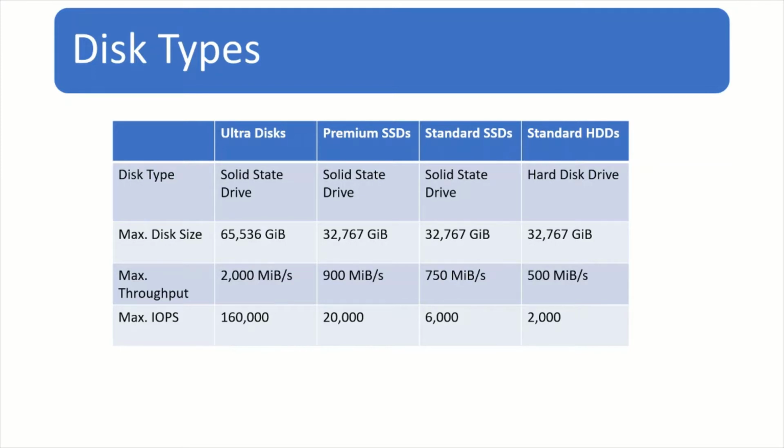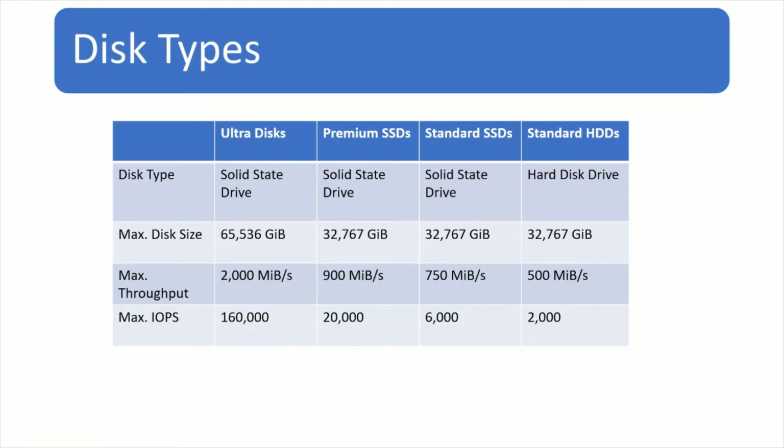The drawback of premium solid state drive is that they are limited to specified VM sizes. If you have a low end VM but the disk requirement is high, you could go for standard SSD. The next is standard hard disk drive. These are the traditional hard disk drives that we used to use in the early days. So according to our requirement, we can select what disk we want to use with the VM.